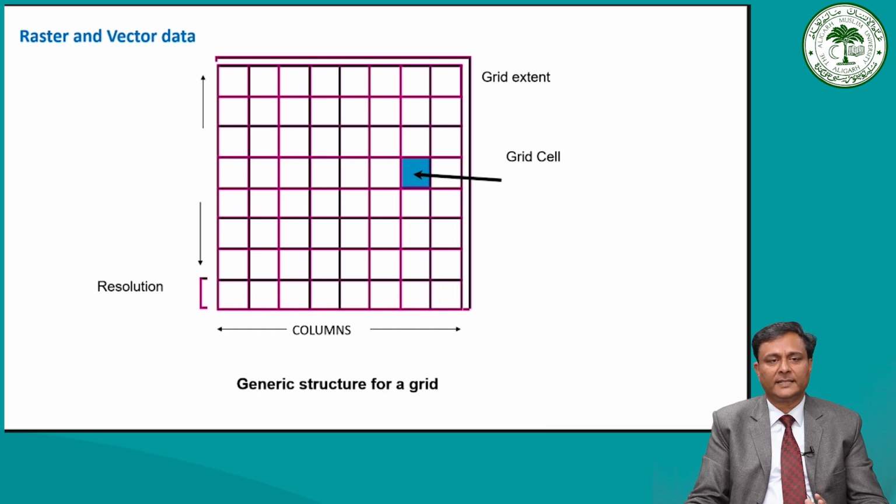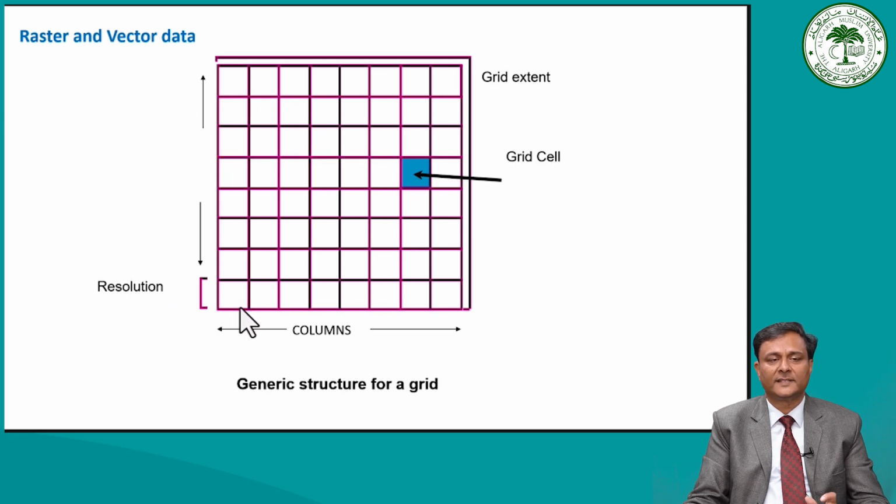So now you can see how we can depict the raster data format. This is the structure of a grid, the structure of a raster data format. Here you can very easily understand what I mean by resolution. Resolution is about one grid cell.